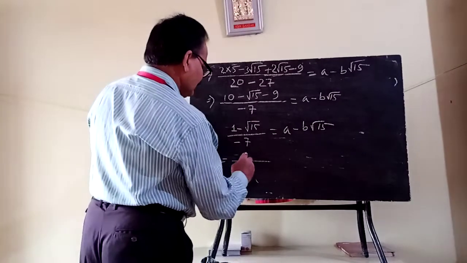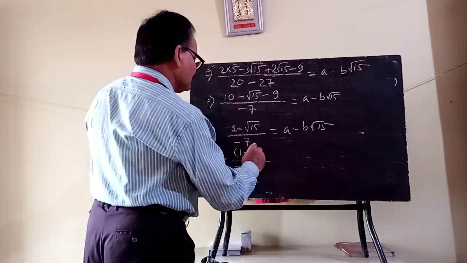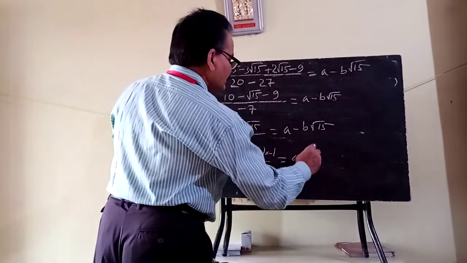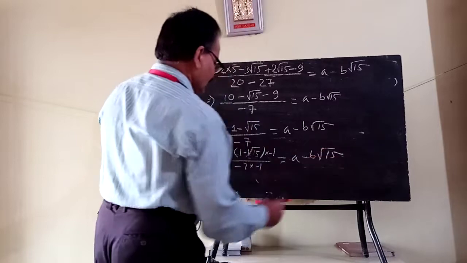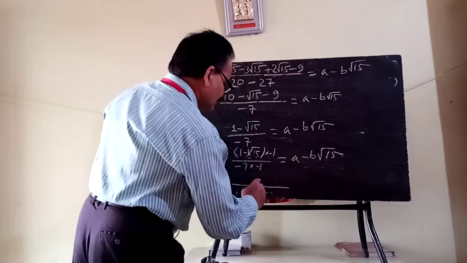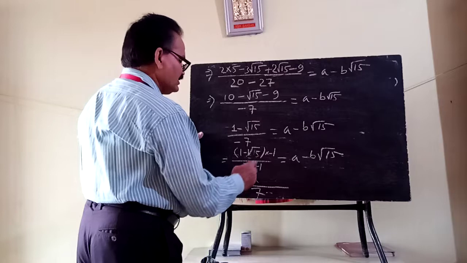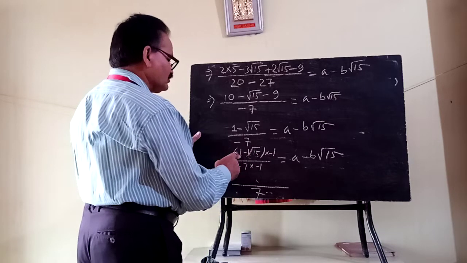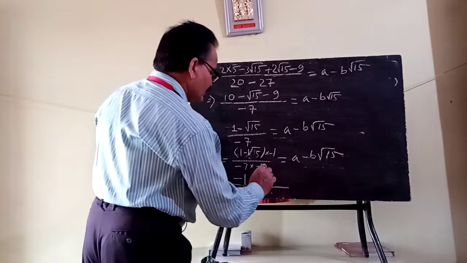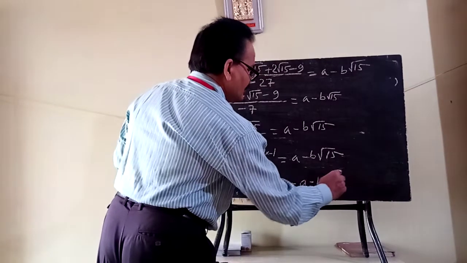What will happen? The denominator becomes positive, that is your 7. And in the numerator, minus 1 with minus 15 is your plus 15, and minus 1 into plus 1 is your minus 1. So minus 1 plus square root of 15 over 7 is your a minus b root 15.